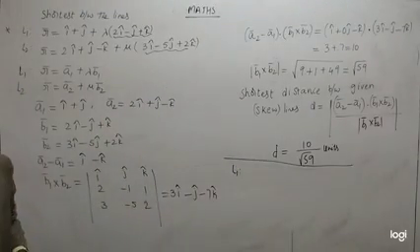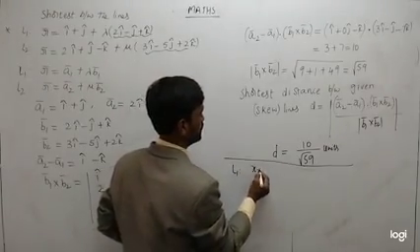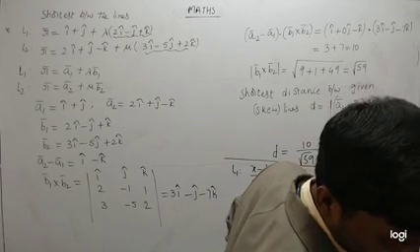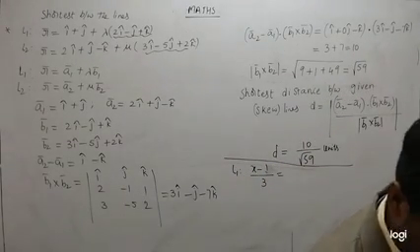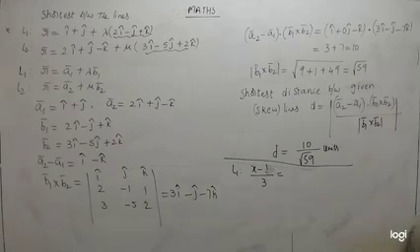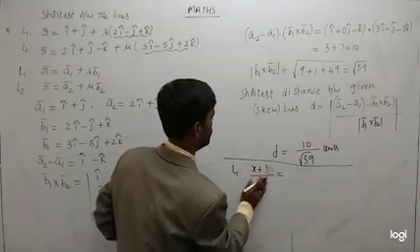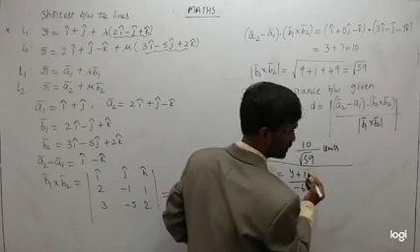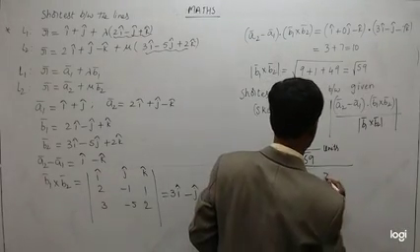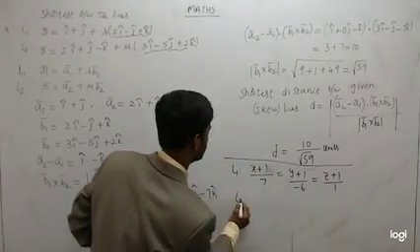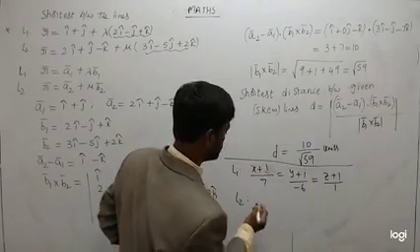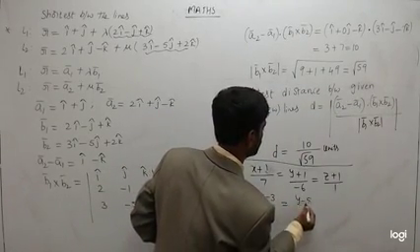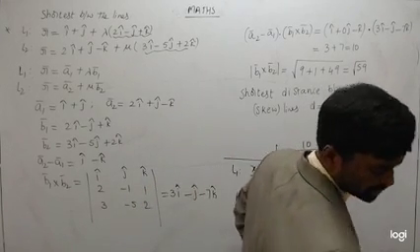Suppose if they have given Cartesian form, like say the first line is x minus 1 by 3, x plus 1 by 7 is equal to y plus 1 by minus 6 is equal to z plus 1 by 1, and the line 2 is x minus 3 by 1 is equal to y minus 5 by minus 2 is equal to z minus 7 by 1.